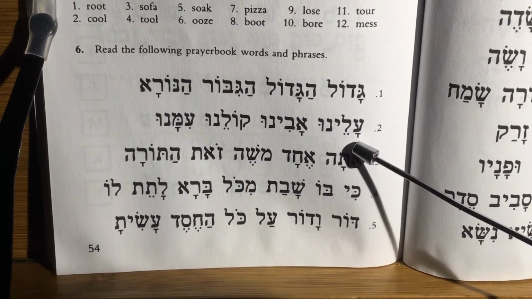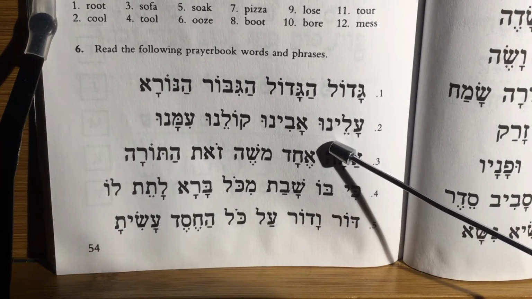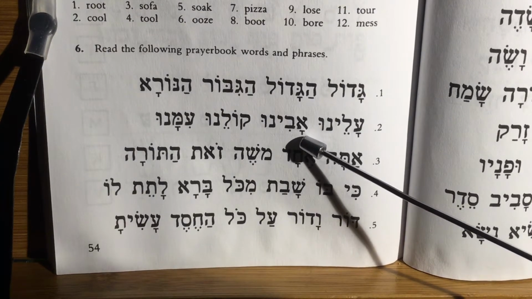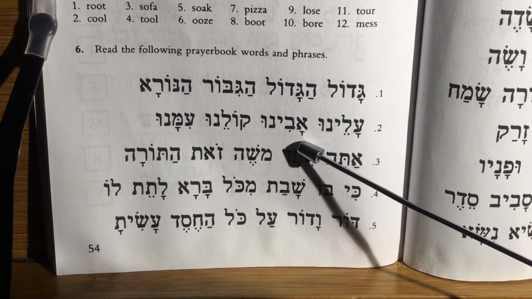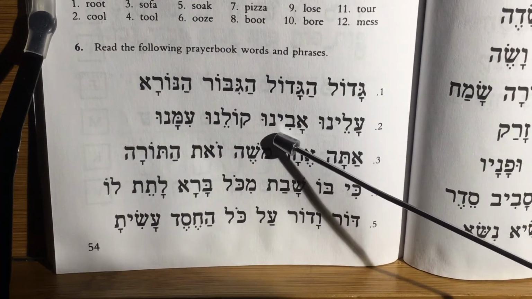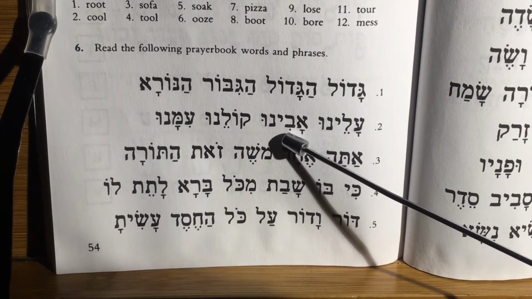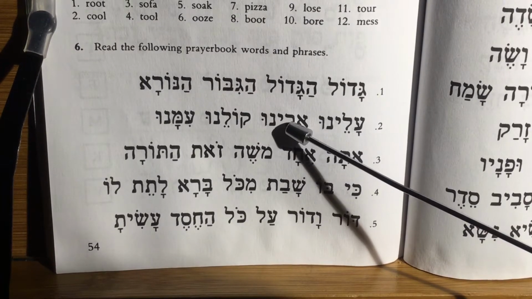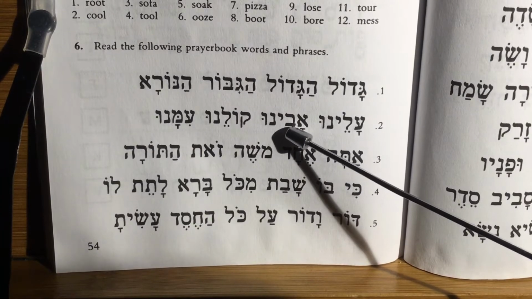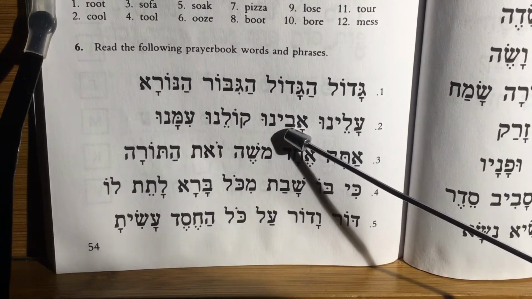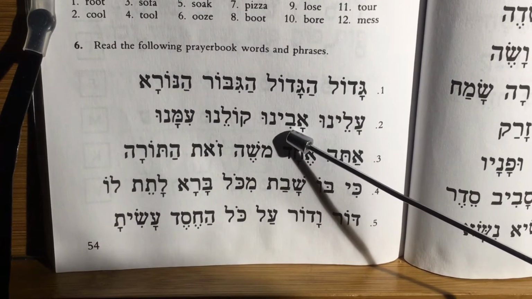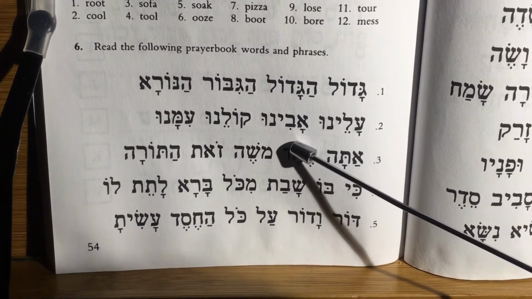So this is alenu, and here you have patach again. You say avinu, av, because when you have this vowel here, that's a V right there. It's a bet, bet and vet. And then you have the chirik yod, which makes a long E.